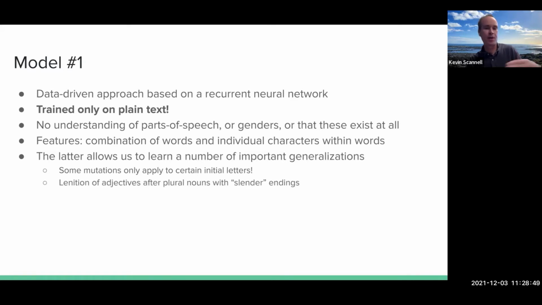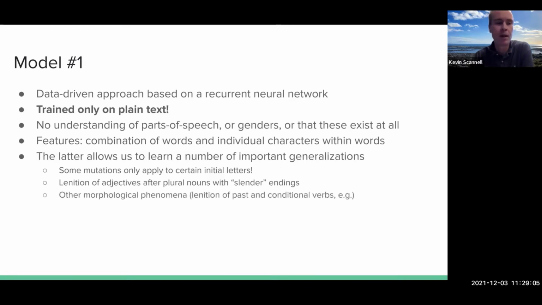Another example: with plural nouns, we lenite the following adjective, in Irish at least, when the noun has a slender ending. That's a generalization that can be learned if the model knows the letters at the end of the word. And then there are lots of other morphological phenomena that you can learn generalizations over, like all conditional verbs being mutated.